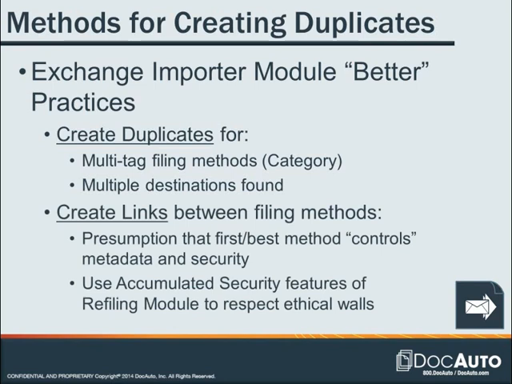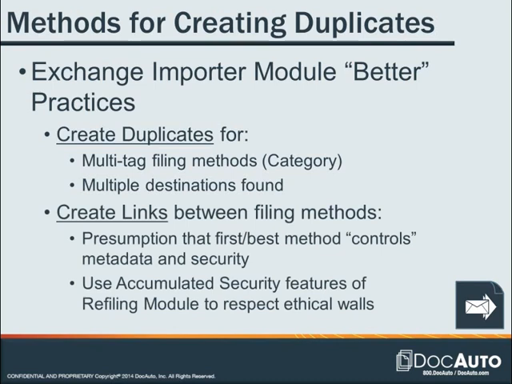So that will say that's the best place. But if I also want to consider other filing methods, maybe the user has dragged and dropped the message into some other folders, maybe they've tagged it with some categories after it was sent or received, then I can use those secondary methods to create links to those secondary destinations rather than creating physical copies.